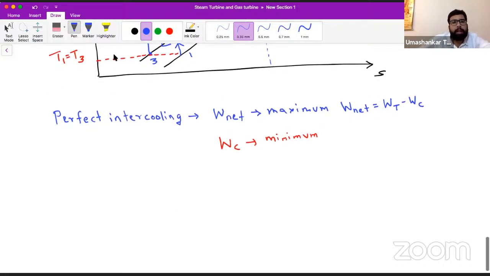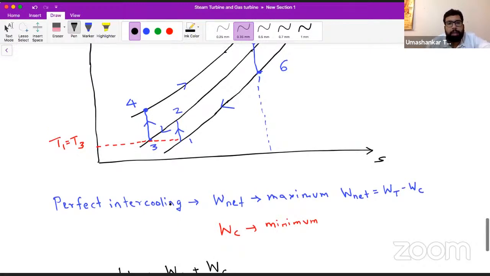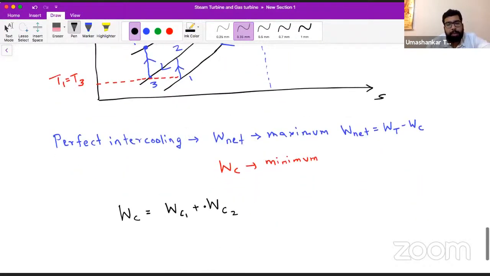Let us write the equation of compressor work. It must be the compressor work of the first stage compressor plus the compressor work of the second stage compressor. Obviously, we have two compressors now. So the total work consumed by the compressor units shall be added, WC1 plus WC2.